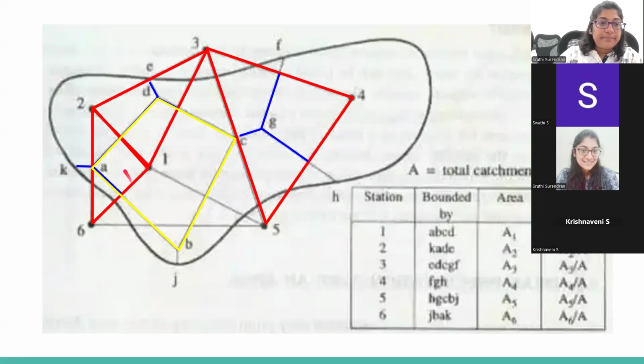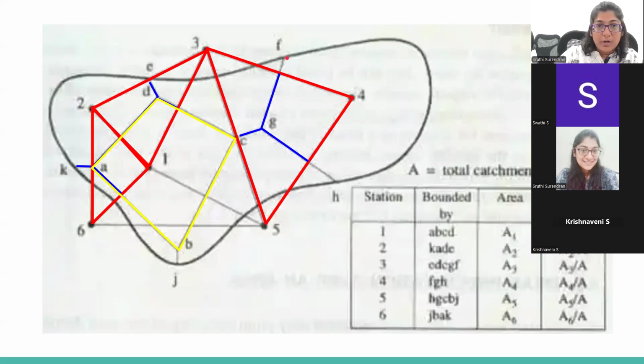Now, the second area doesn't have an outer boundary formed by any triangle. So the boundary of the drainage basin itself will form one side of the polygon. So this line, this yellow line, this blue line, and this line all together are going to form the polygon, the area that is representative of rain gauge number 2.